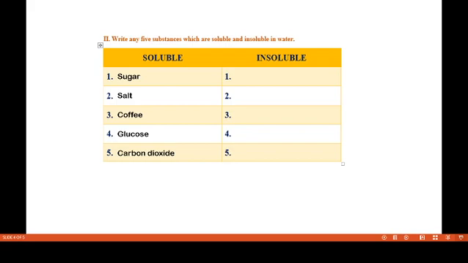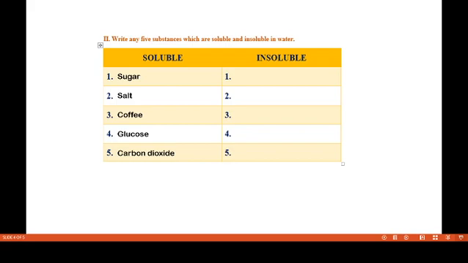Salt is also in solid state. They are dissolved in water. Coffee is also mixed with water. Glucose is also mixed with water. Carbon dioxide is in a gaseous state. It is also dissolved in water. We use it in soft drinks. The soft drinks contain carbon dioxide gas. Carbon dioxide gas is dissolved in water.